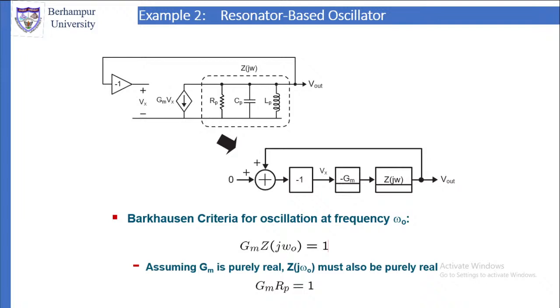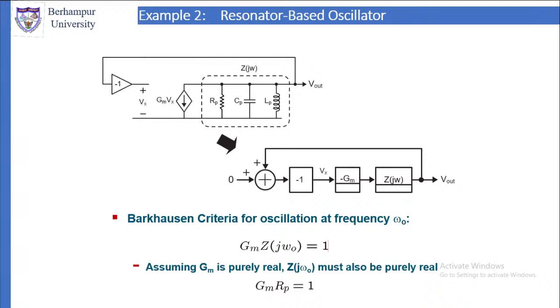The input to the amplifier comes from a tank circuit. The tank circuit is Rp, Cp and Lp connected in parallel. So that is the tank circuit. Its equivalent is the circuit given below. The inversion, -1, is given as a block. The output of that is Vx.